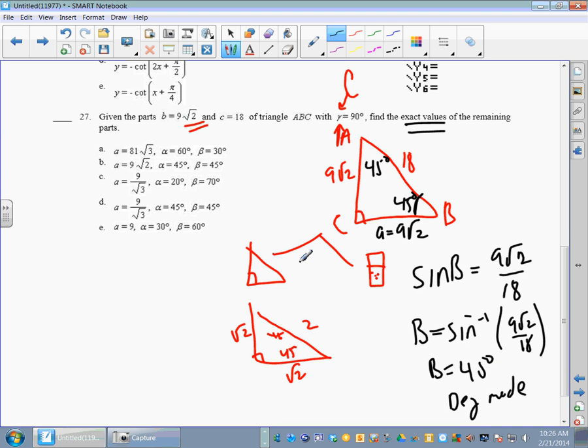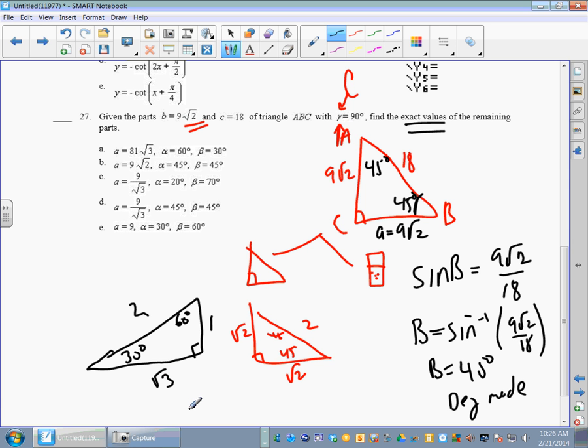Okay? And that's how you can tell also it's 45, 45, 90. All right? So exact values are going to be 1 of 2 triangles, the 45, 45, 90, or the 30, 60, 90. Okay? Short leg 1, hypotenuse 2, this is root 3.